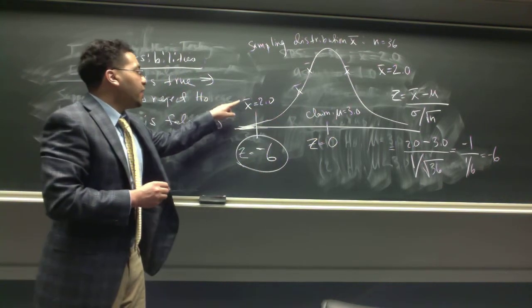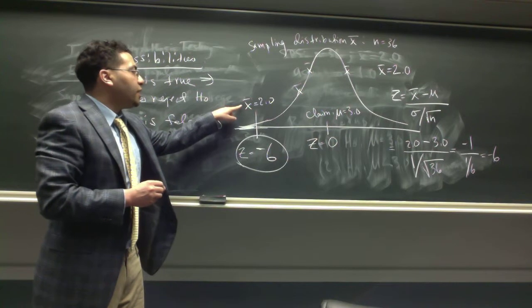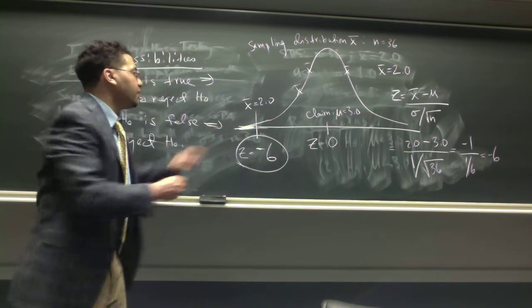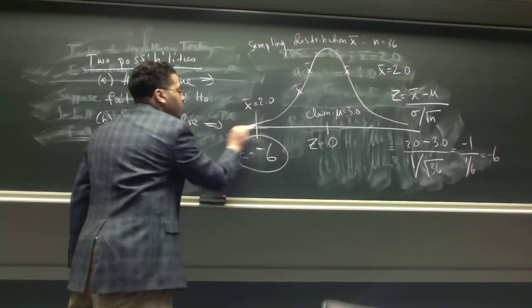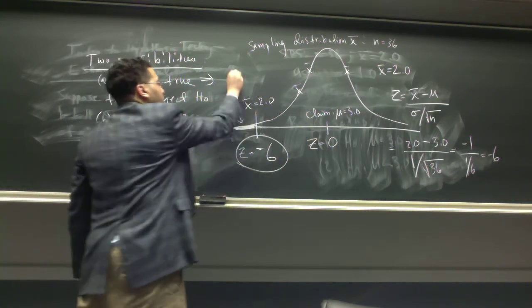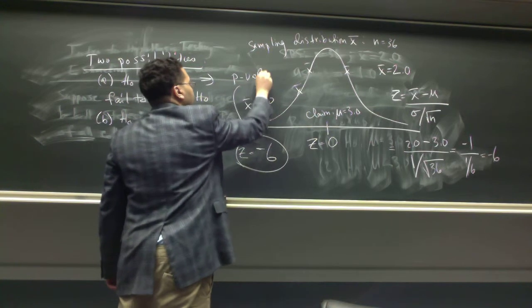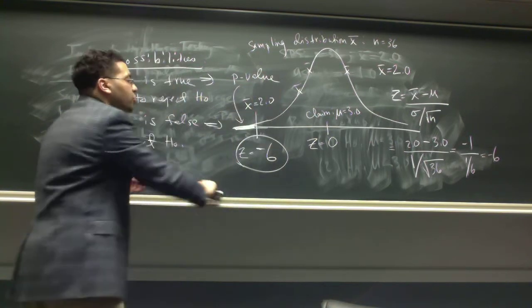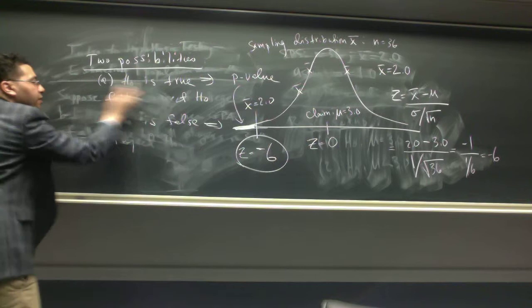The probability of obtaining an x bar of 2.0 or less than that is represented by this shaded region on the graph. This is going to be called a p-value. So we need to calculate the p-value.